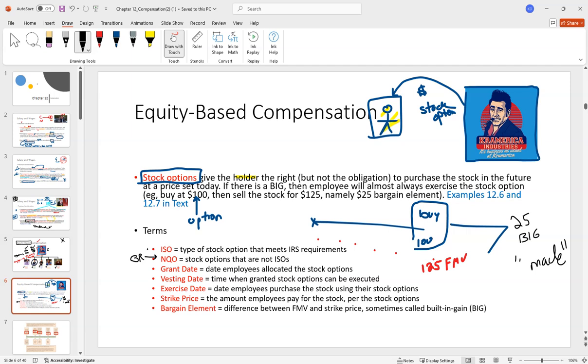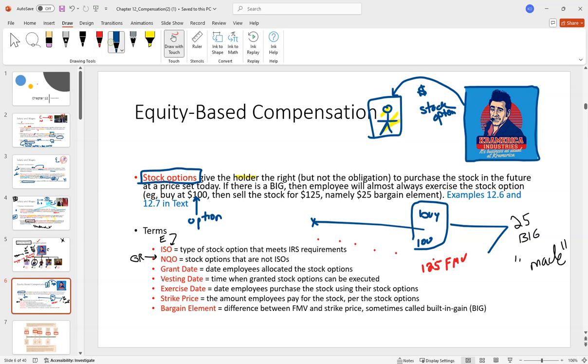So what does that mean? We have to go to the ISO here. An ISO, an incentive stock option, is basically one that meets certain holding requirements. It's kind of hard to satisfy these. We'll talk about it. But the general rule is non-qualified option. The exception is, if you meet special rules, we'll give it ISO treatment.